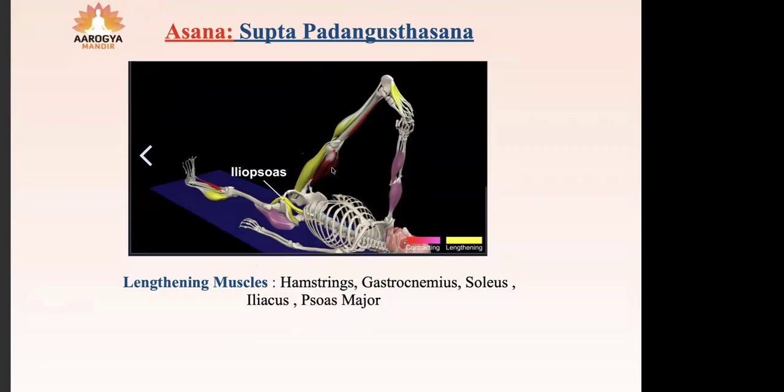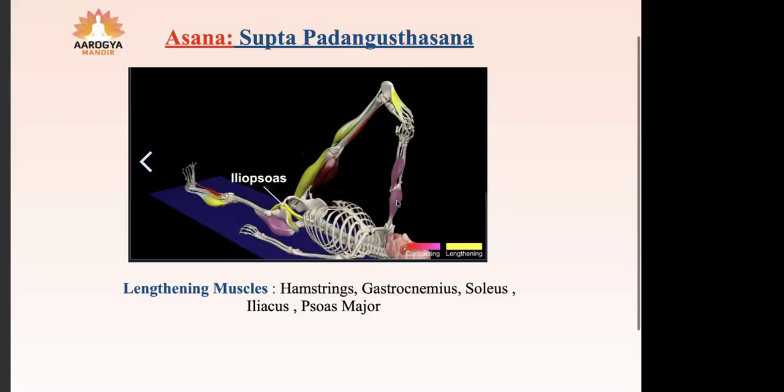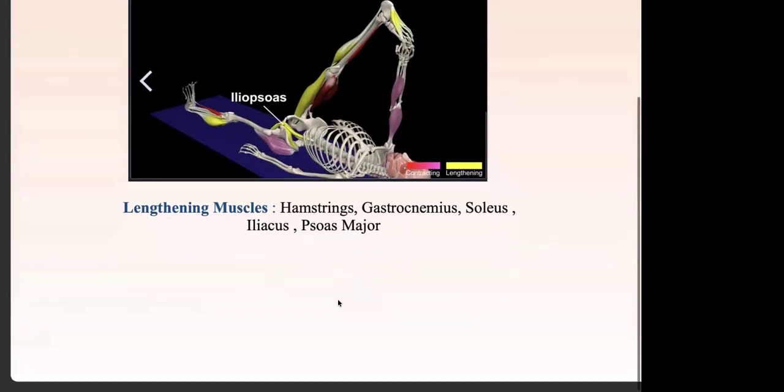Here you can see the quads getting contracted, tibialis anterior getting contracted, gluteus maximus getting contracted. And here, of course, you can see the forearm muscles and the biceps getting contracted. So again, a stretch posture helping to improve our forward bending.